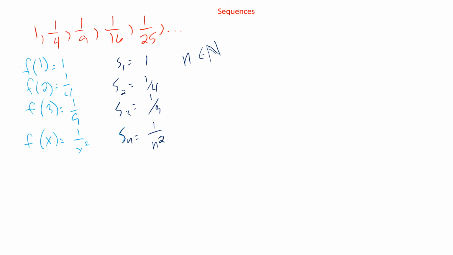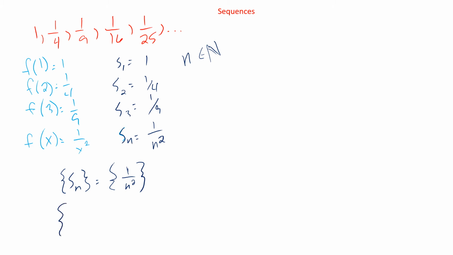When we write the names of a sequence, so this would be the nth term, Sn. If we wanted the sequence Sn, we would put it in squiggly brackets. Sn equals 1 over n squared in squiggly brackets. We can specify the domain if we wanted to.